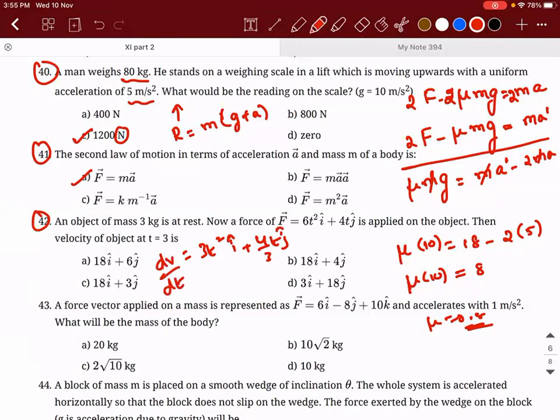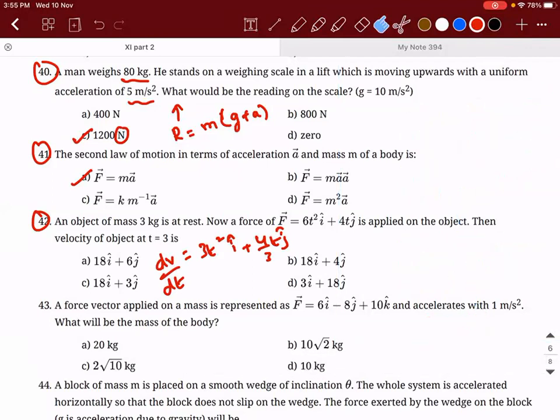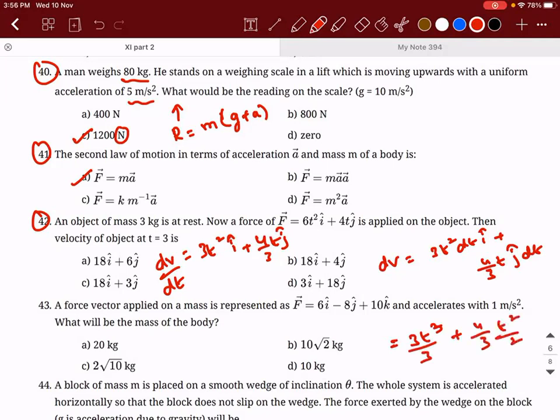But what is acceleration? Acceleration is dv by dt. So you want velocity, what will you do? You will differentiate or integrate. dv is equal to 2t square dt i cap plus 4 by 3 t times j cap with a dt here. So integrate on both the sides. It will be 2t cube, tell me that.